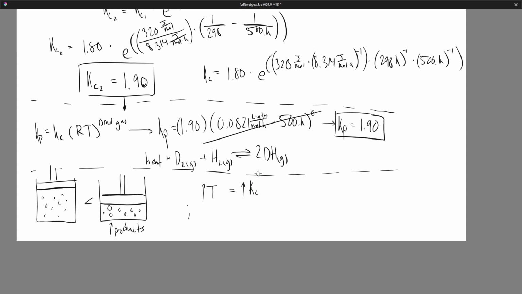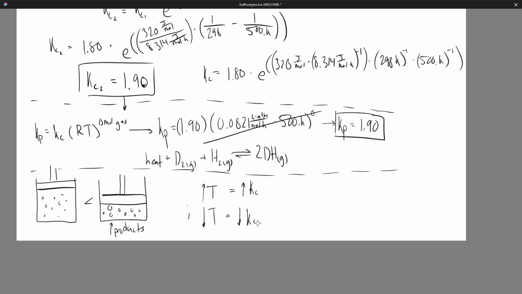Kind of think back to the previous problem, number 5. It's kind of the same principle. An increase in temperature means an increase in Kc, and the higher the Kc, the more the reaction is favoring the products.